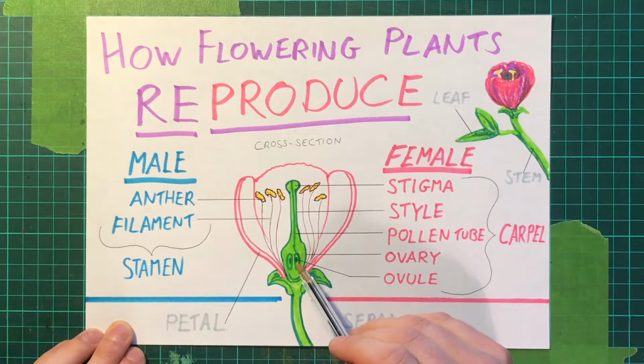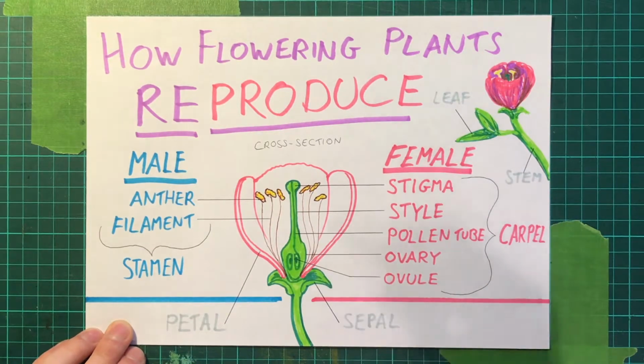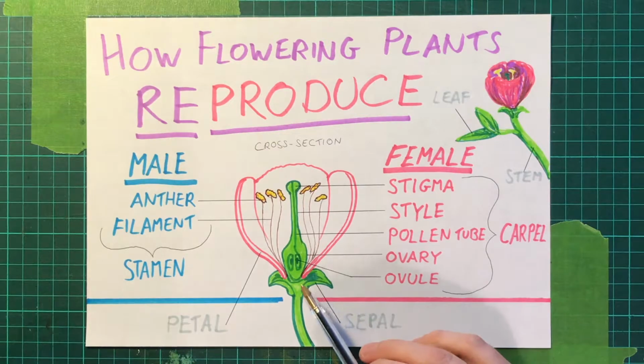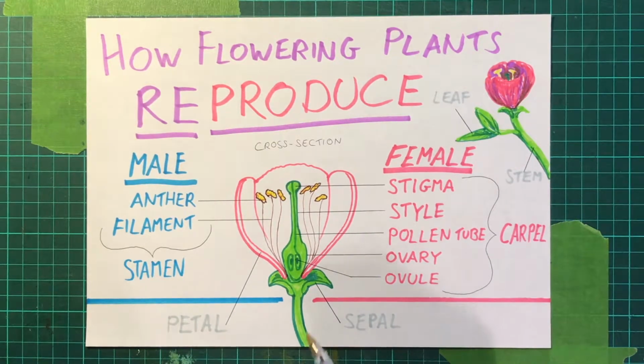Ovules are the bits that become seeds, and the ovary wall here is what becomes the fruit. And that is how plants then reproduce. The seed goes into the ground, the seed then germinates, and the process starts again.